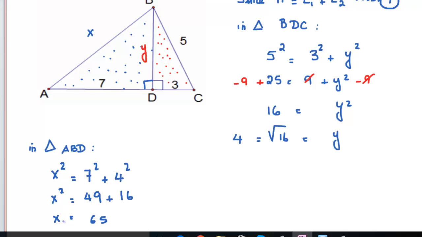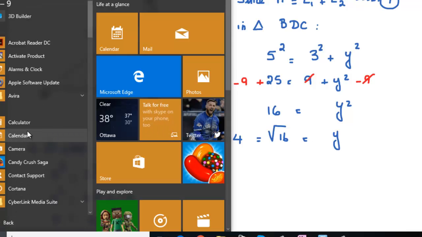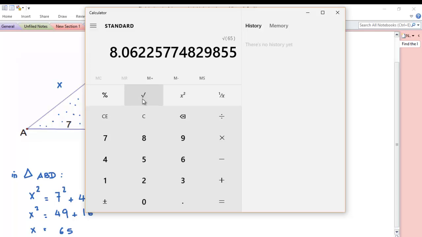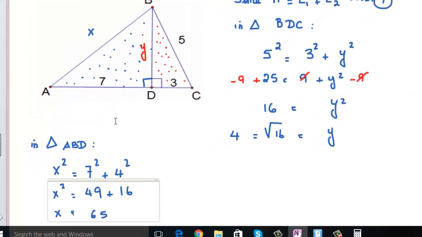In this case I can use the calculator, and I'm going to say 65, the square root is 8.06. I forgot here to say, this is X square equals 65. That means X equals square root of 65. That means X equals 8 point, let's say 1 unit.